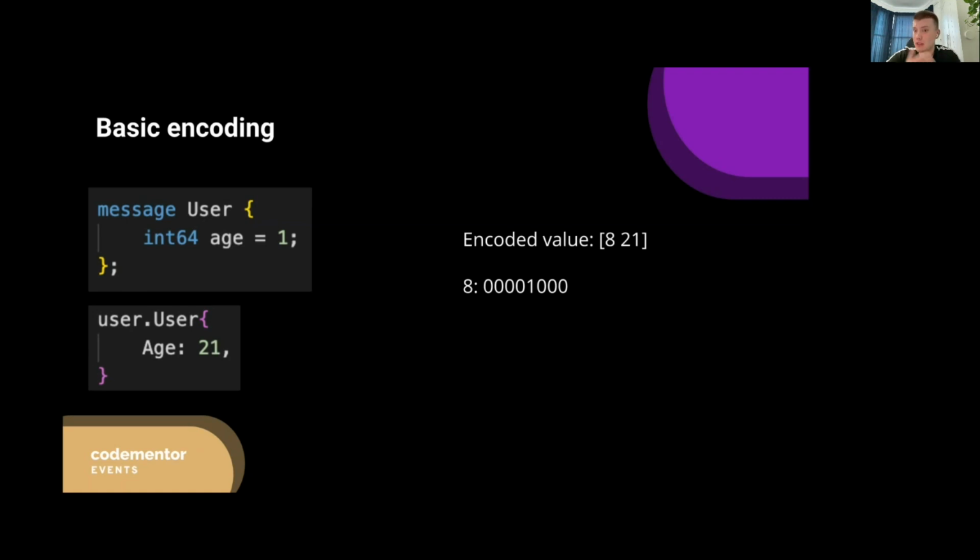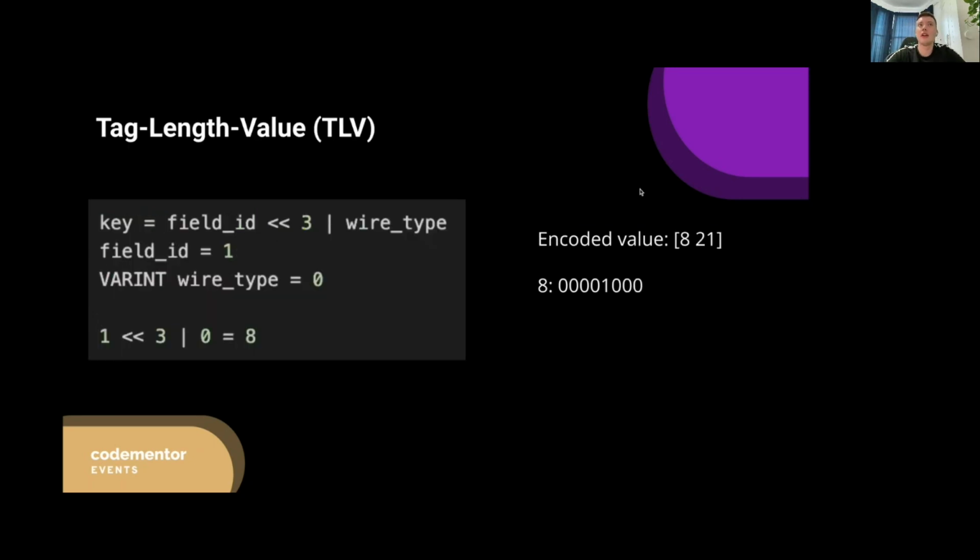And this is actually very interesting. Let's look into that. Here we come to the TLV, or tag-length-value, problem. Those IDs are required to understand which field was defined, right?